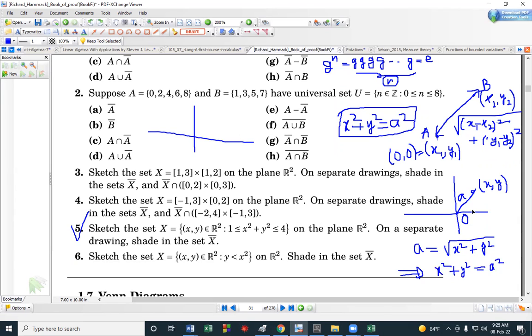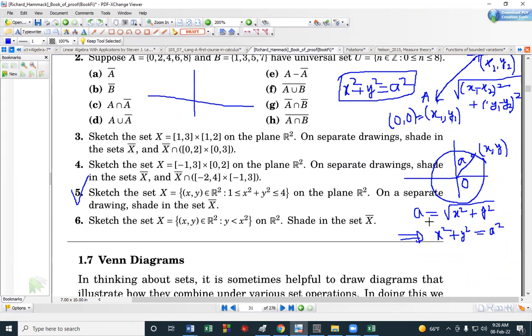Think about roaming around this origin, keeping the same distance all the time. You get this circle. The locus of a point which is equidistant from a certain point is called a circle. You are always maintaining the same distance A from the origin, so your locus is a circle.